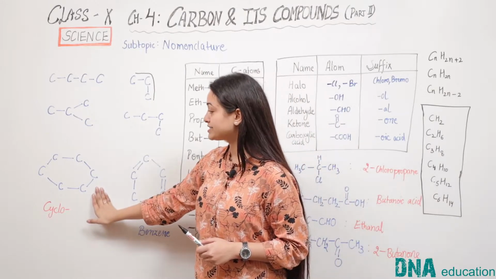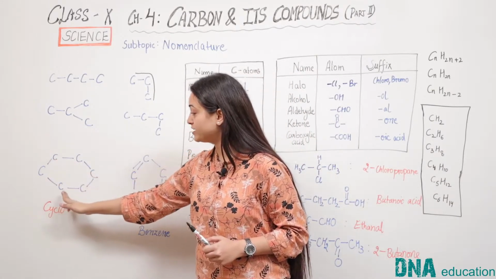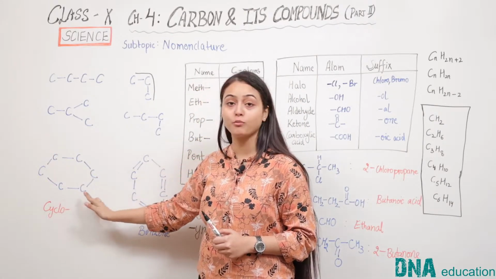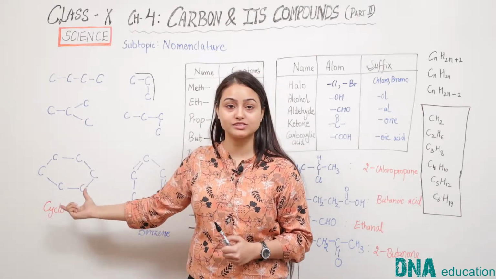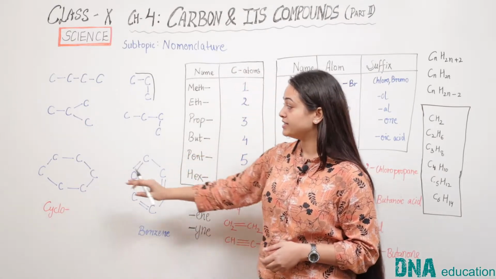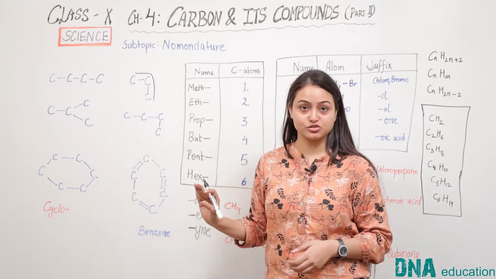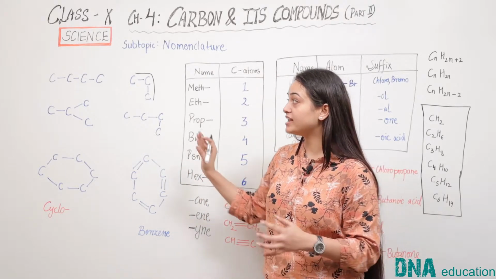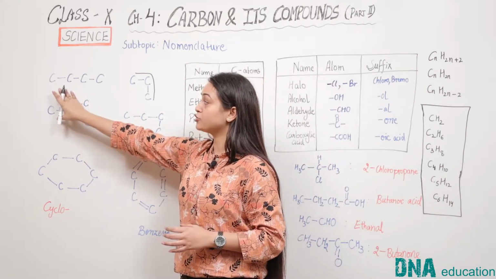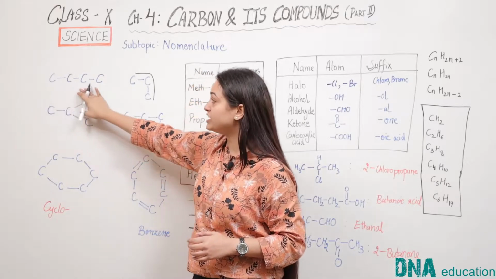Now coming to a cycle. Carbon can be joined in a cyclic form to form a ring. These are called ring structures. Now these are the basic backbone structures of carbon compounds, and we can add hydrogen atoms to satisfy the valency of each carbon atom.